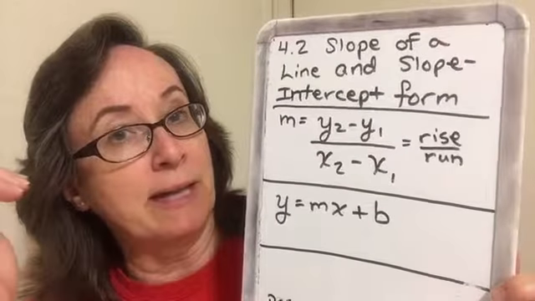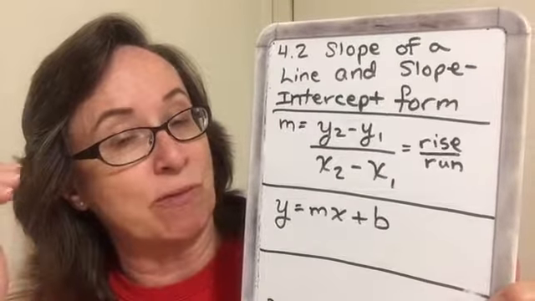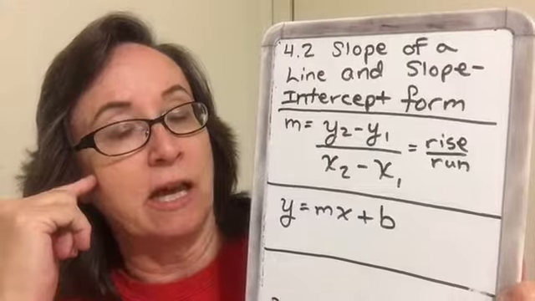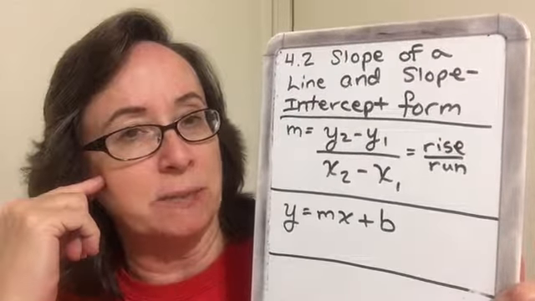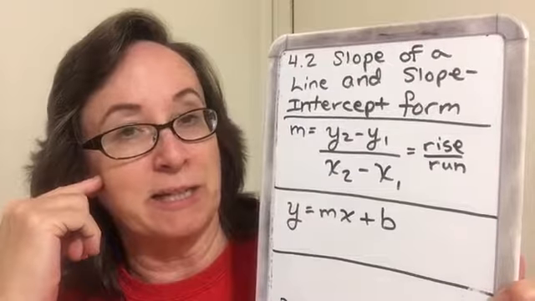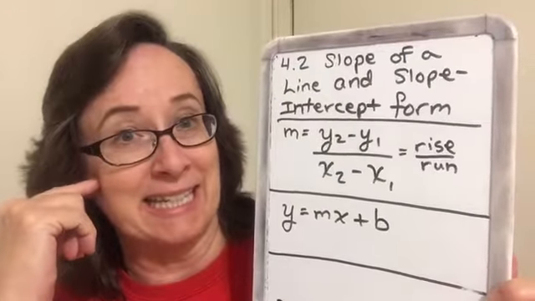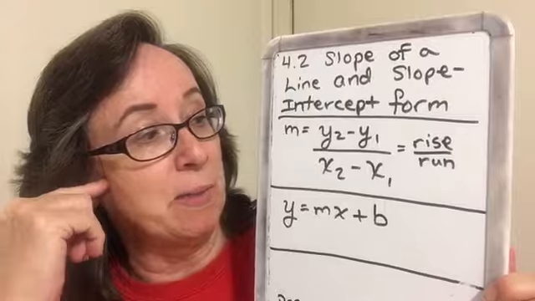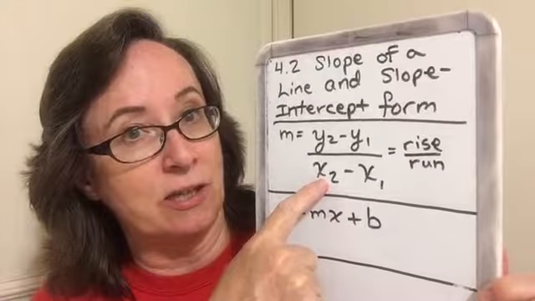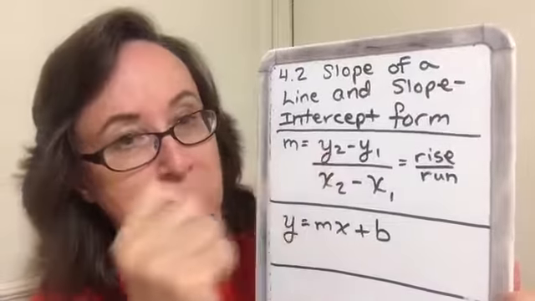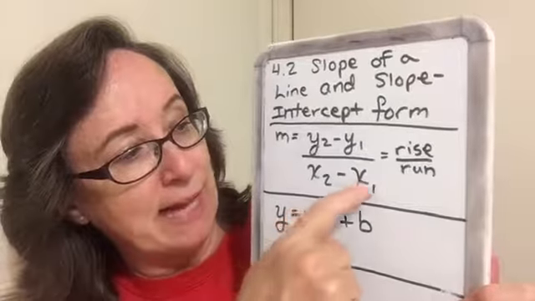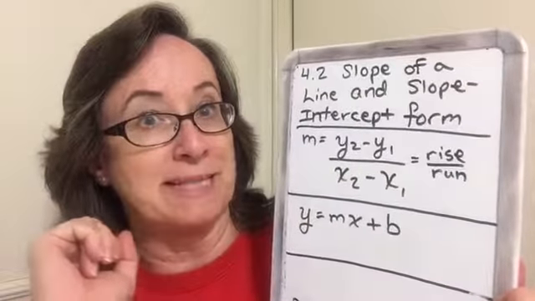The key point is that we subtract in the same direction. It doesn't really matter which point is point 1 and which point is point 2, as long as we stick with it once we've decided it, and we make this x2 correspond to this y2. In other words, they are from the same point, and the x1 and the y1 are from the same point as well.